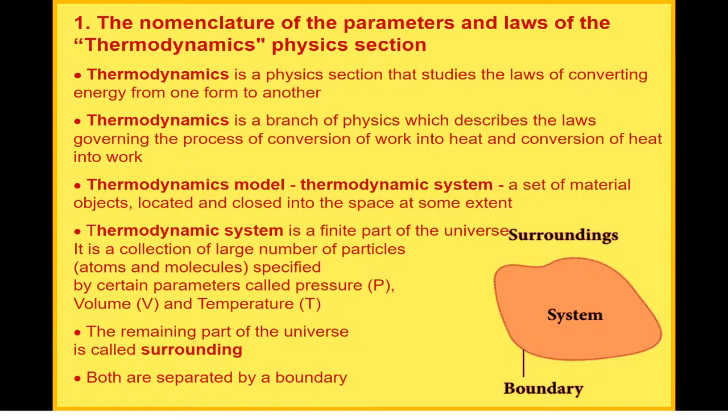A little bit later, there will be a more detailed explanation and discussion of how we can quantify this state. But let's talk a little. The remaining part of the universe that is outside of the closed system is called the surrounding. Both are separated by the boundary.